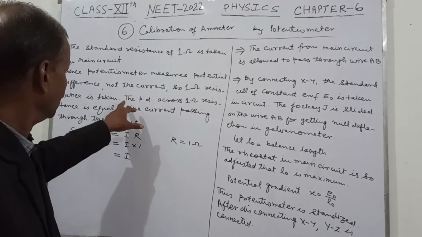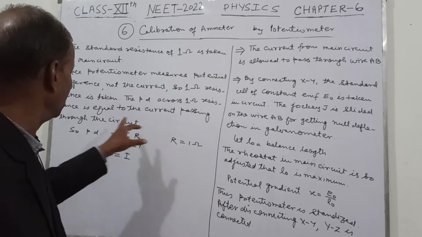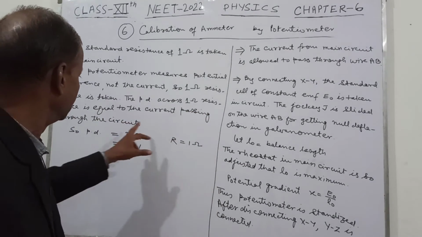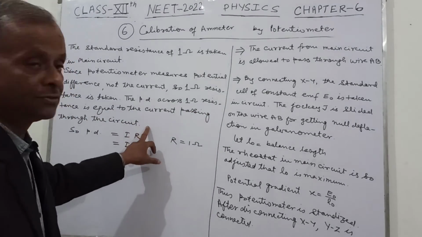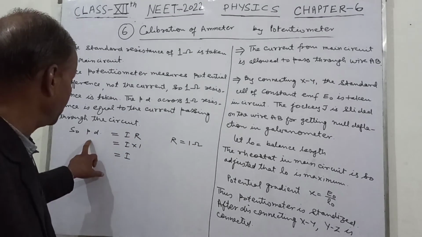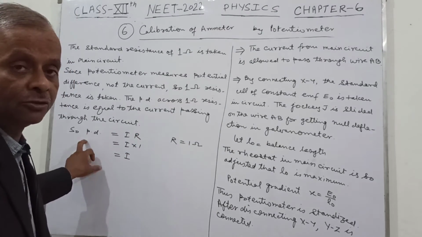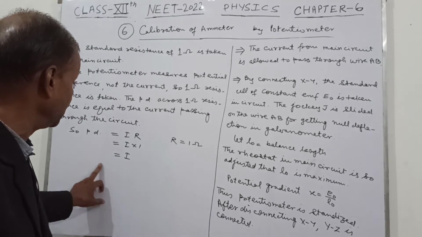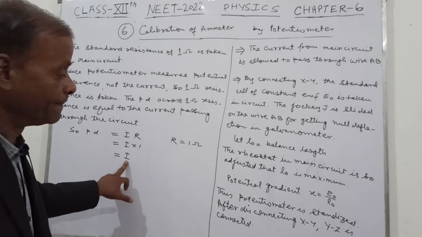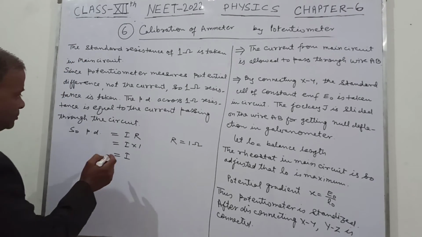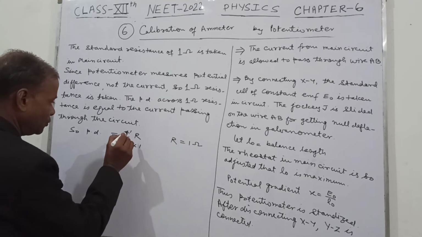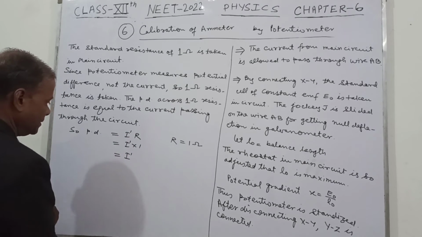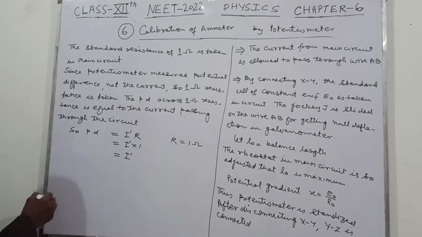The potential difference across the one known resistance is equal to the current passing through the circuit. So this potential difference will be measured by the potentiometer. So potentiometer reading will be like this one. Let this be now your I dash. This is now I dash. It is the reading of potentiometer.